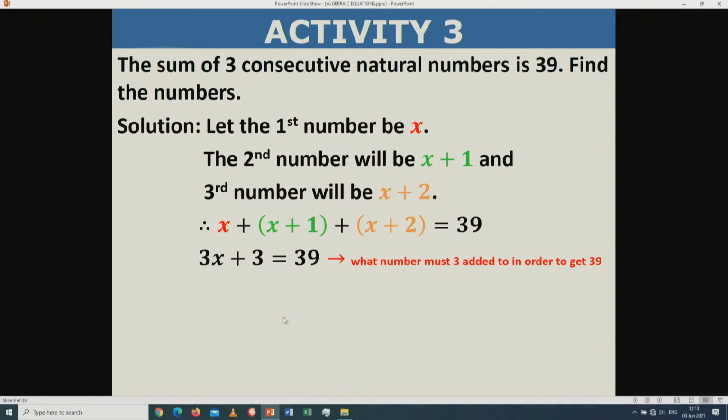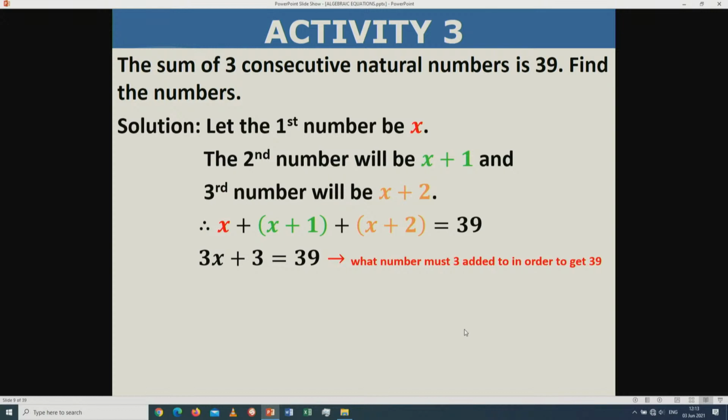Now let's solve the equation. Here we can use whatever method we like. Like I've alluded, we also have the additive and multiplicative inverse in solving this, but I've actually used inspection again.